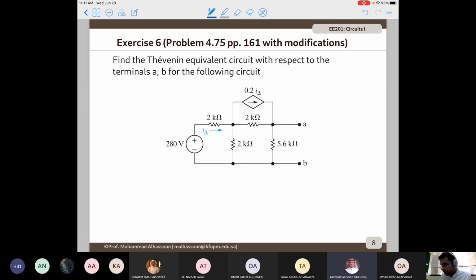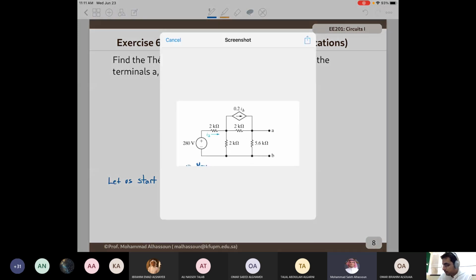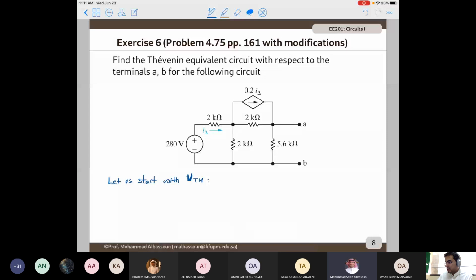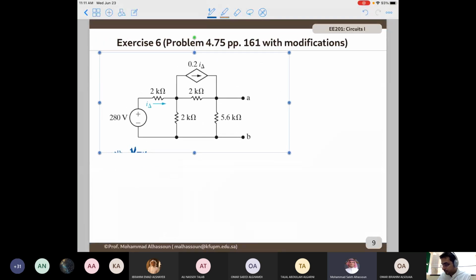Anyhow, in this situation, we need to find the Thevenin voltage. So let's start.